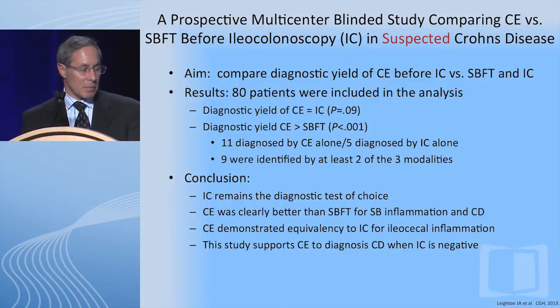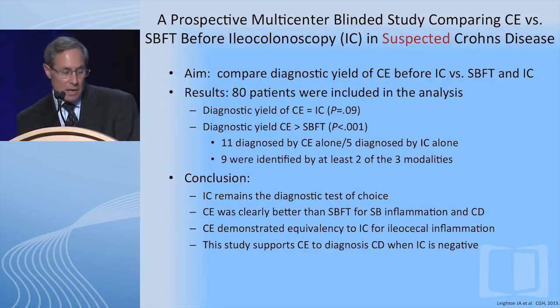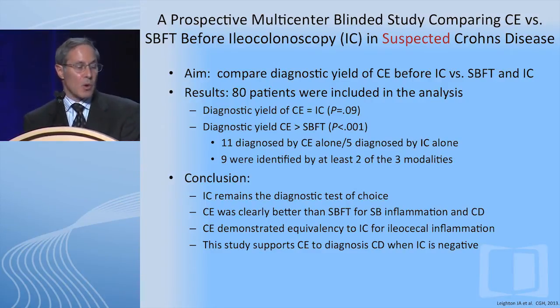This is a recently published prospective multicenter blinded study comparing capsule endoscopy versus small bowel follow-through before ileocolonoscopy. And what was found in the 80 patients included in the analysis was that the diagnostic yield of capsule endoscopy was equivalent to that of ileocolonoscopy in assessing the ileum and cecum.